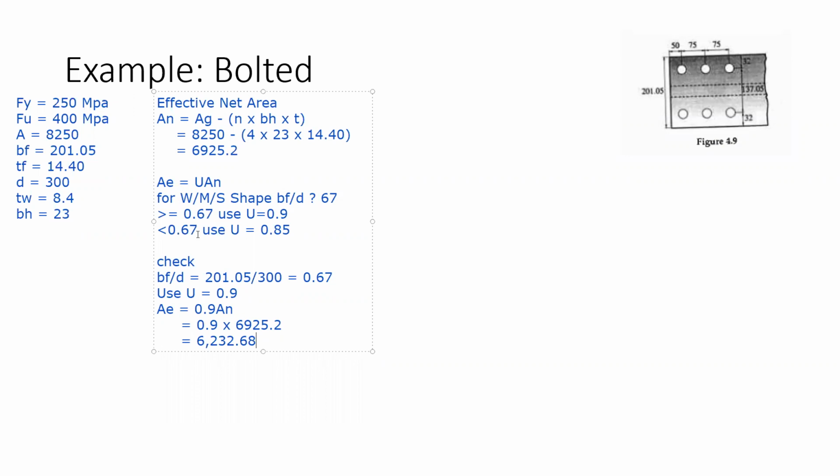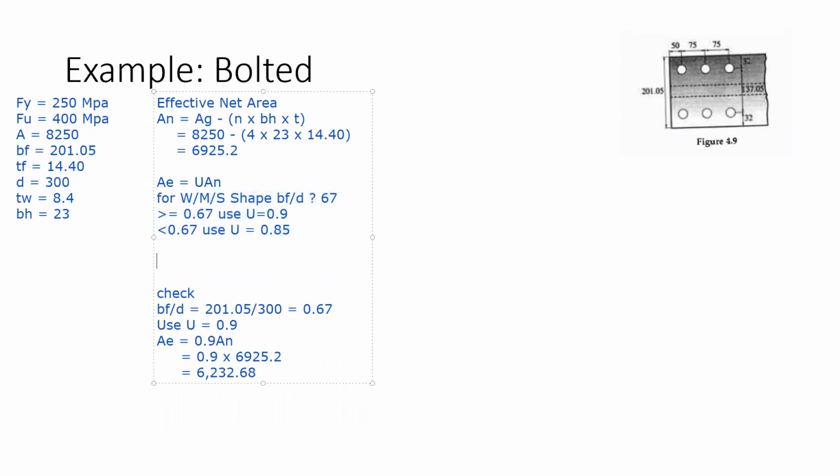This is for W, M, or S shape, usually our I-beam. Pero pag plates, U is equal to 1. That's why for bolted connection na hindi I-beam, yung plate on plate, AE is equal to AN kaagad. Wala na tayong U. Pag ang side view naman natin ay I-beam, dun lang tayo gagamit ng U. Okay, so that is for your effective area.